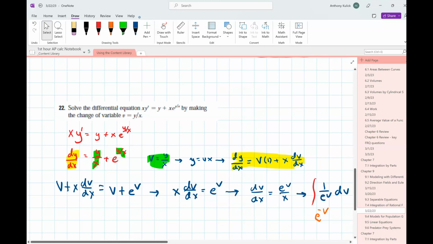How do I get it out of the exponent of e to the y over x? There's nothing I can do to get it out of there. I had to do this other tricky mumbo jumbo, and thankfully they gave me a hint as to the tricky mumbo jumbo that you need to do.